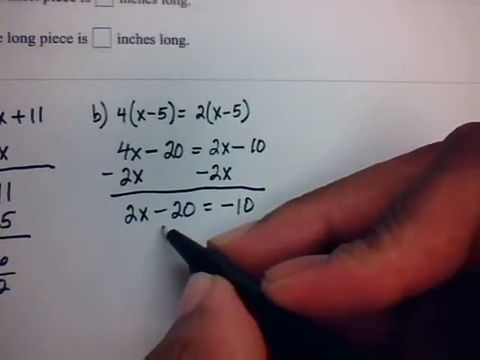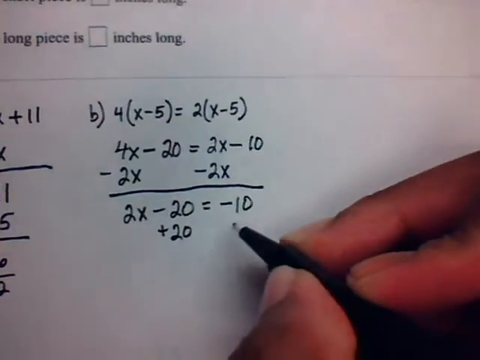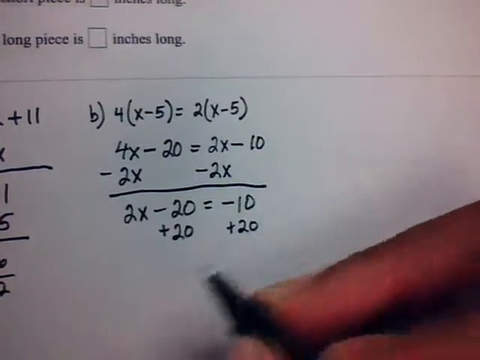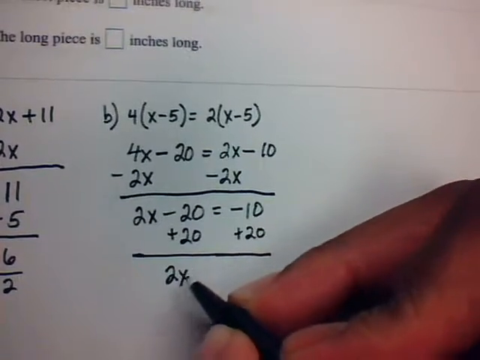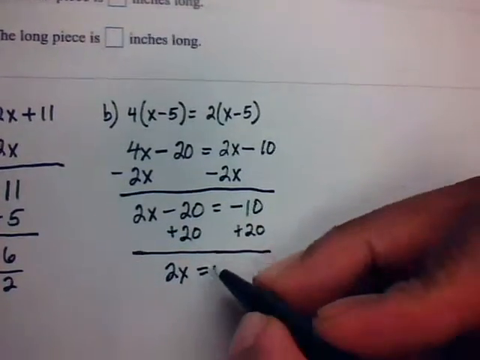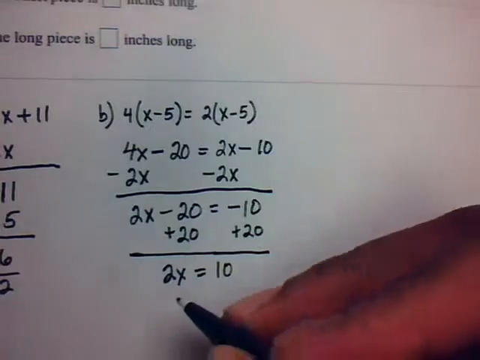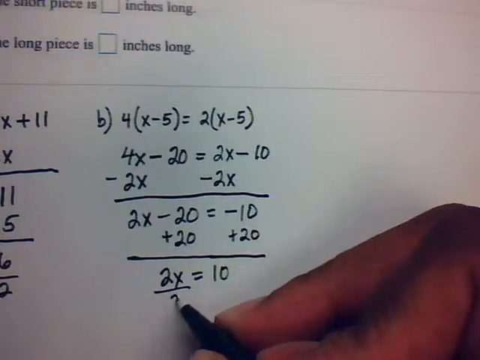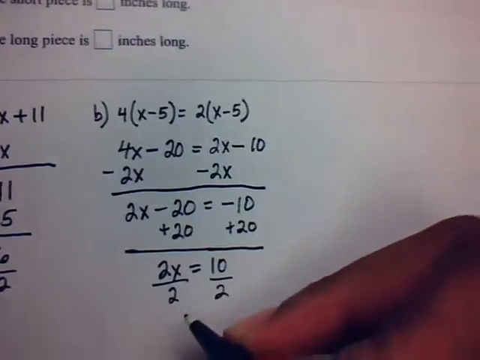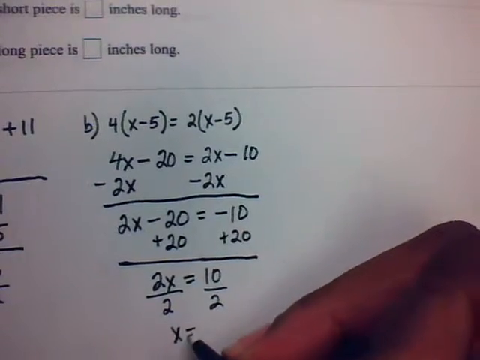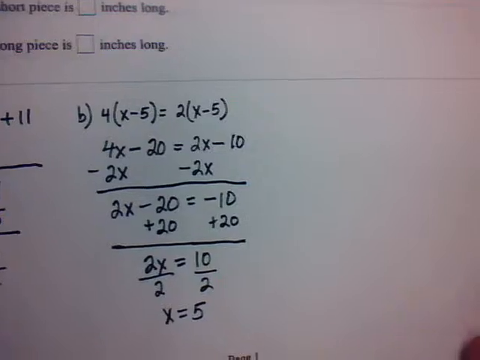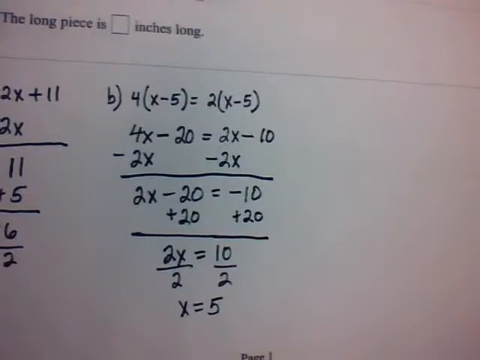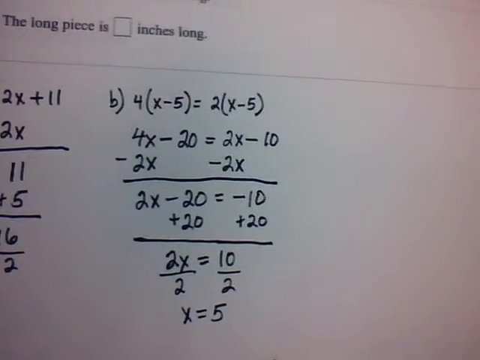And then to get the 2x by itself, we need to add 20 on both sides since we're subtracting 20. And when we do that, we'll have 2x equals negative 10 plus 20, which is 10. And then divide both sides by 2 to get x is equal to 5. So x is equal to 5 would be the solution to this equation.